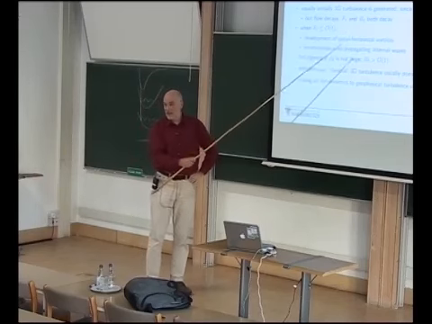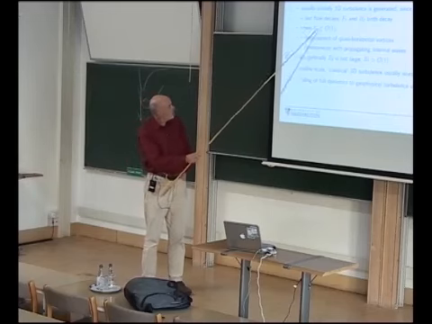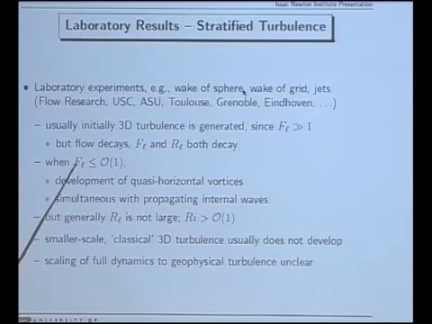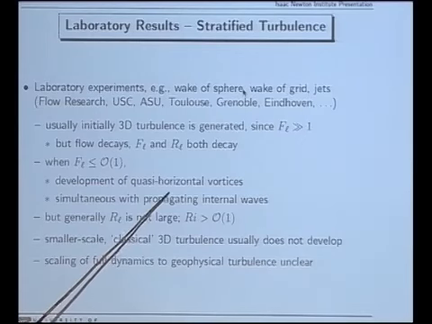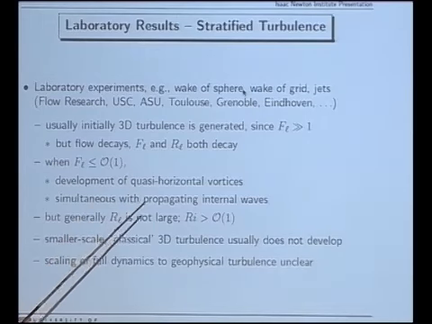In that case, behind the sphere, the turbulence is kind of three-dimensional. Usually the Froude number is large. But as the flow decays, the Froude number decays and the Reynolds number decays, which is an important thing I'll show in a minute. What happens is that as the Froude number decays until it's order 1, which is a couple of buoyancy periods, the flow physics dramatically change. And you start seeing these quasi-horizontal vortices, and you can watch internal waves slowly oscillating.